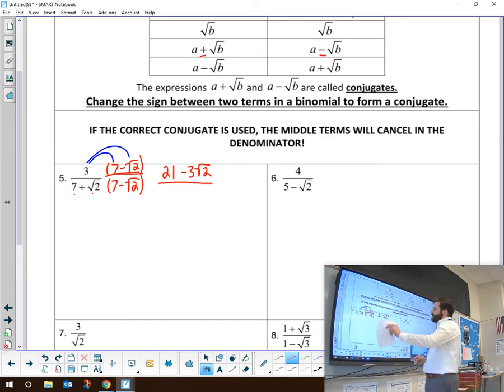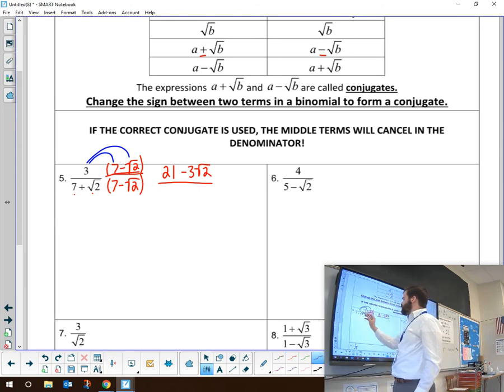Okay, then watch how I do the bottom. We're going to take the bottom here and work it out right here, and then we're going to rewrite the answer underneath because it takes a bit longer for us to do. Okay, so to do this, we're going to have to FOIL. So we're going to go 7 times 7 is 49. 7 times negative square root of 2 is negative 7 square root of 2.